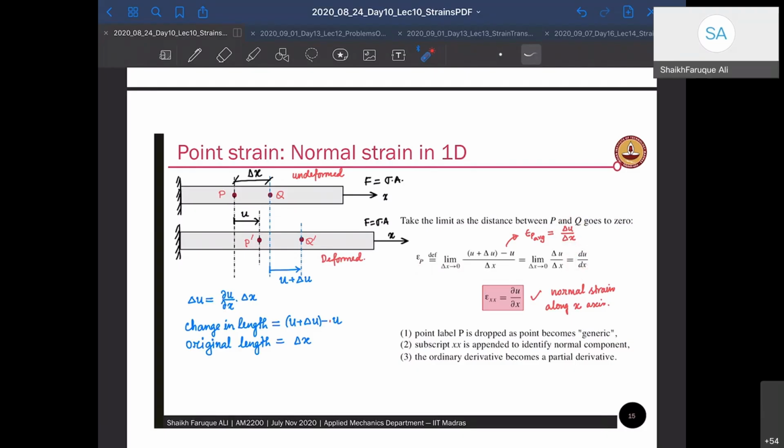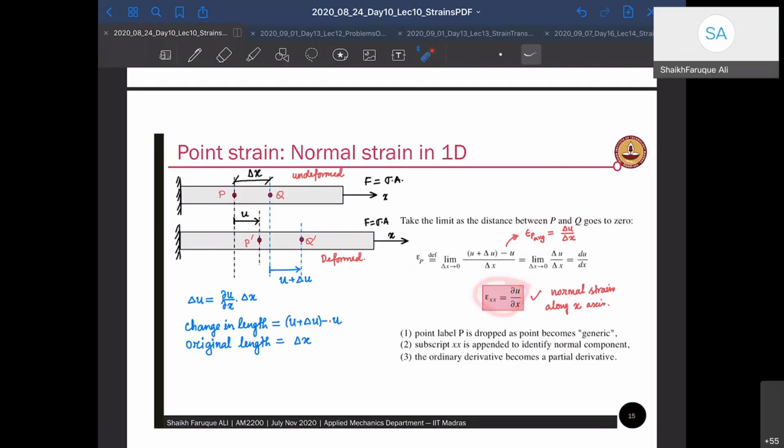So the normal strain along X is written as epsilon xx. The normal strain along X at point P is given by del U by del x at point P. This is the strain measure that we use most of the time in our analysis. Unless I say that it's an average strain, you don't need to find that.